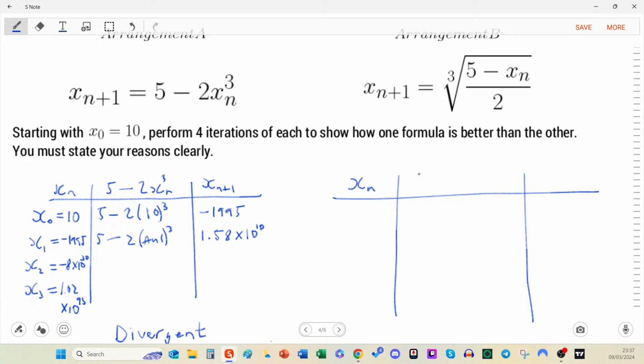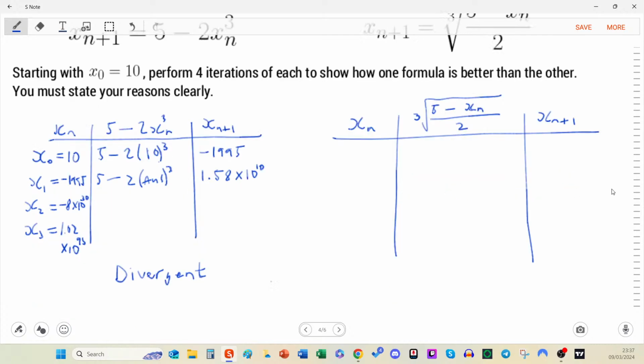Right, this is the cube root of 5 subtract xn over 2. Okay, let's see if this yields anything better. Now we have to start with 10 again. I think if this turns out to be a reasonable number, we have a very good chance of being successful.